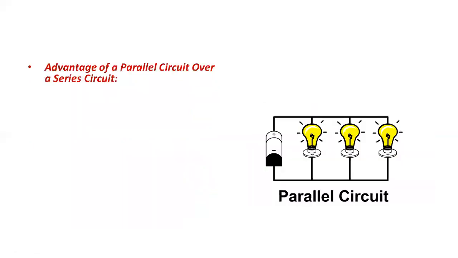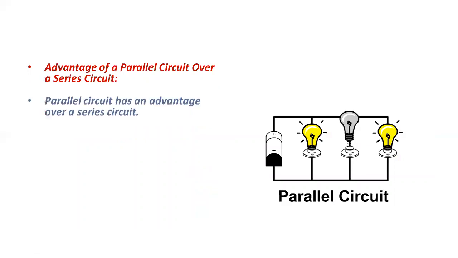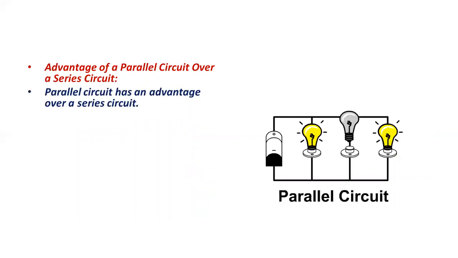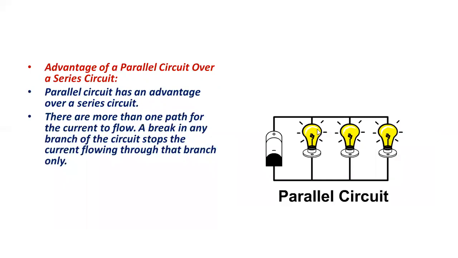What is the advantage of a parallel circuit over a series circuit? There is more than one path for the current to flow. A break in any branch of the circuit stops the current flowing through that branch only.